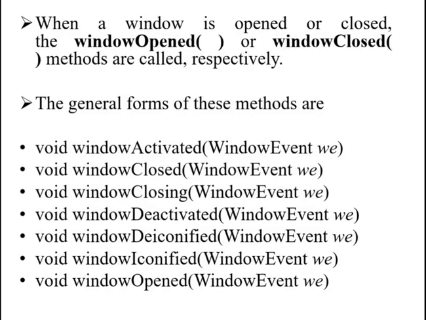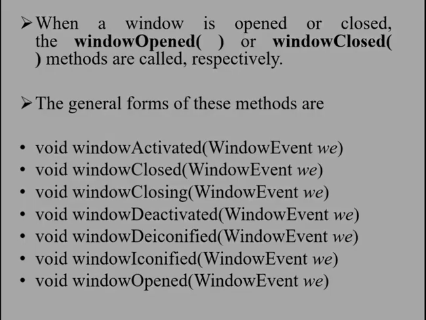Then the other methods are also included in a window event, that are windowGainedFocus, which means the window gained input focus. Next one is windowLostFocus, which means the window lost input focus. Then next one is windowStateChanged, that is the state of the window has changed. These are the additional types of window events.